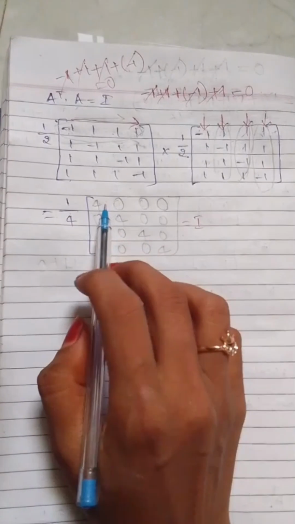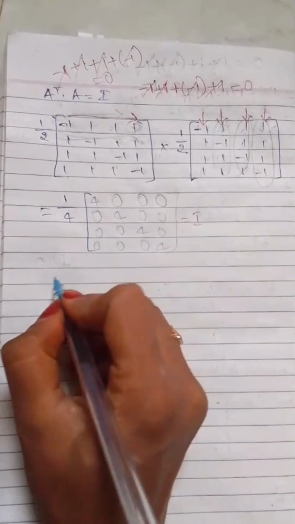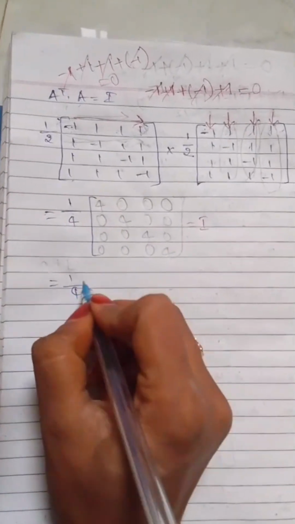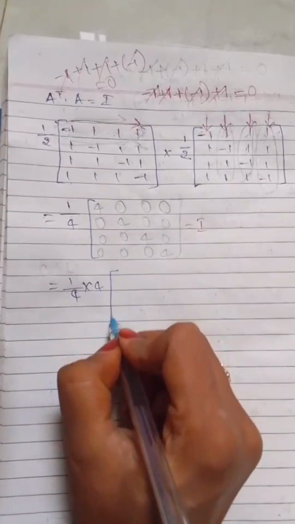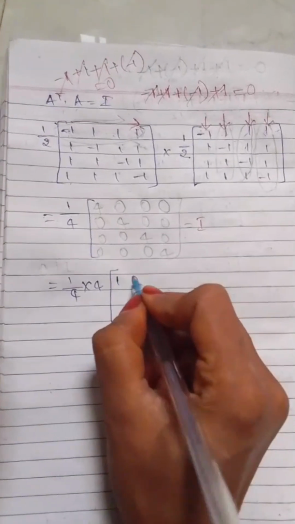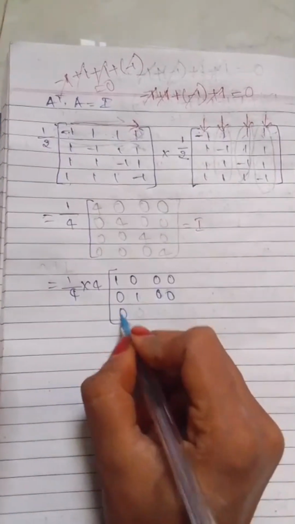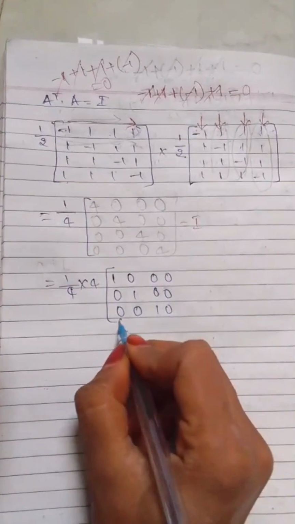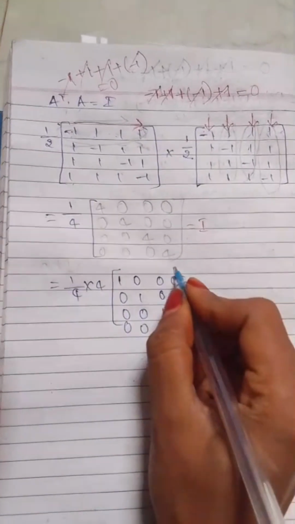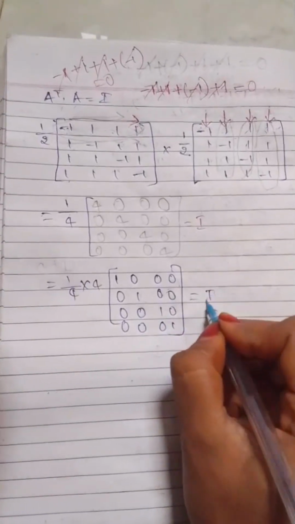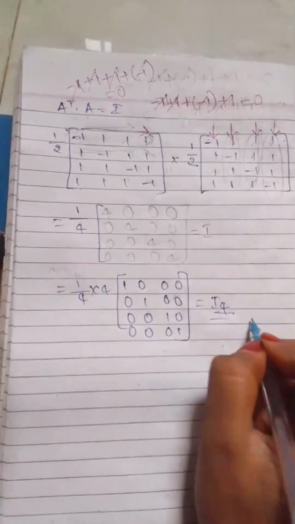Then if I take the 4 outside, 1 by 4 into 4, this matrix will be 1 0 0 0, 0 1 0 0, 0 0 1 0, 0 0 0 1. This will be like this. Can make it as I4.